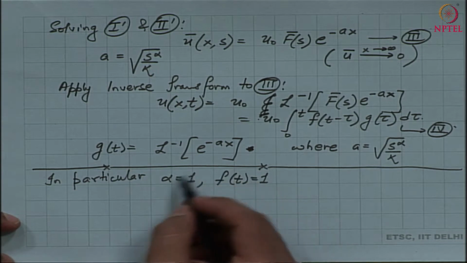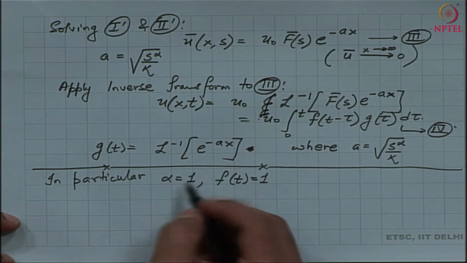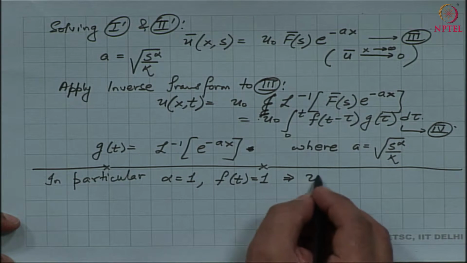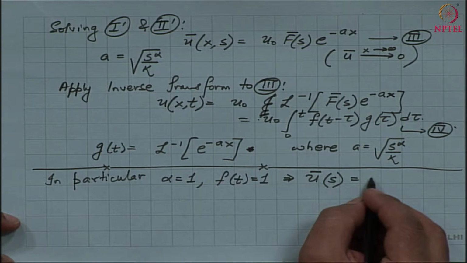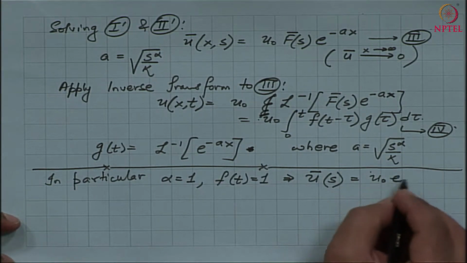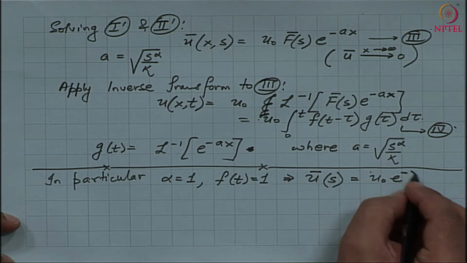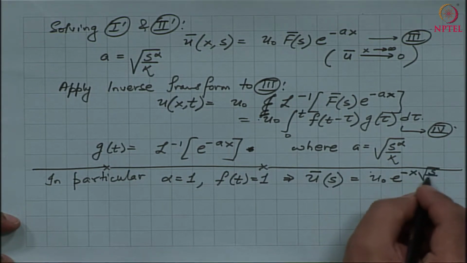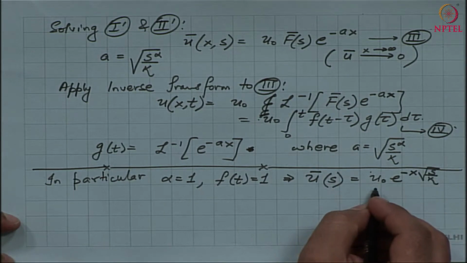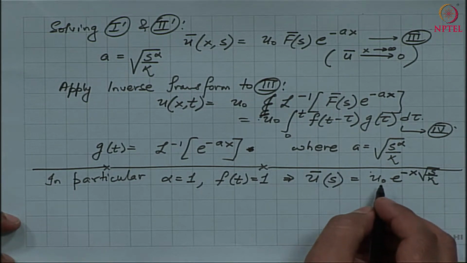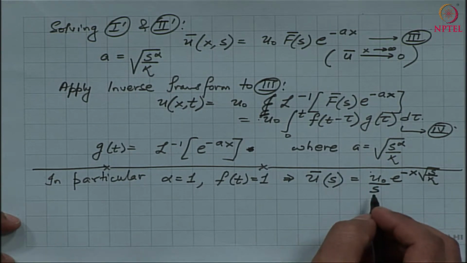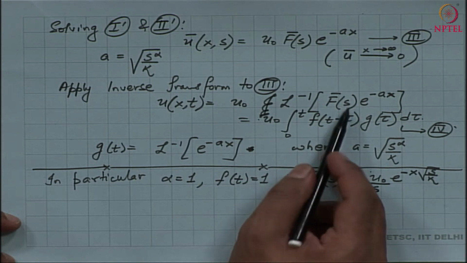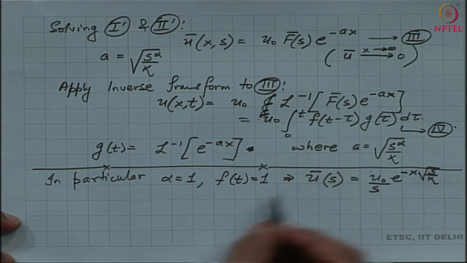So, the functional form of both alpha and f, suppose they are given, and in that case I am left with the fact that the Laplace transform of the solution is u naught times e to the power negative of x times square root s by kappa, divided by s. Okay. So, f is 1, so the f of s will be 1 by s.